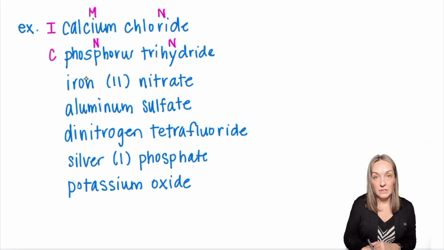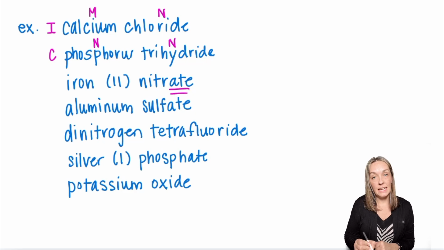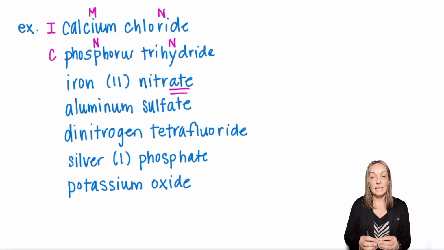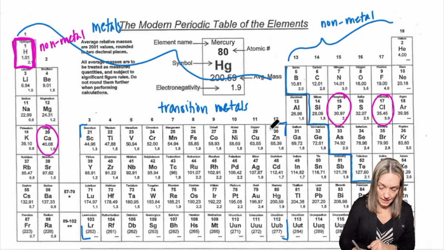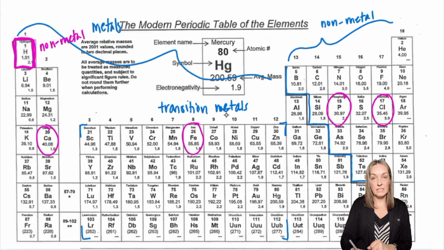My first element here is iron. The second is nitrate. I notice that this has an ATE ending instead of an IDE ending. When I see that ATE ending, it's going to be an immediate sign that I have a polyatomic ion. But let's start and see if we can figure out if this is going to be ionic or covalent by first referring to the periodic table. Notice that iron is right here. It's in that transition metal section.